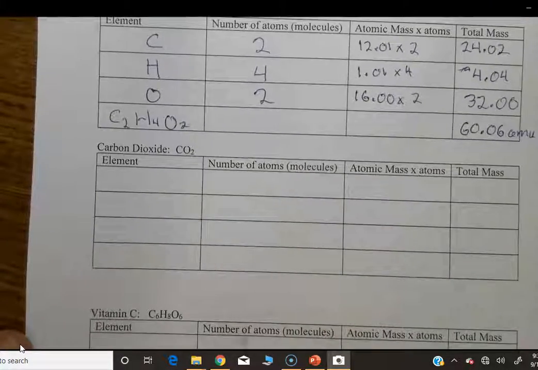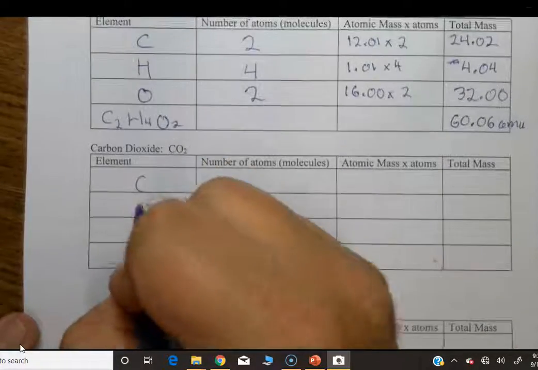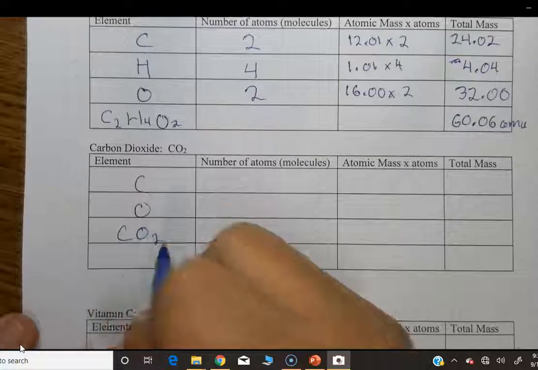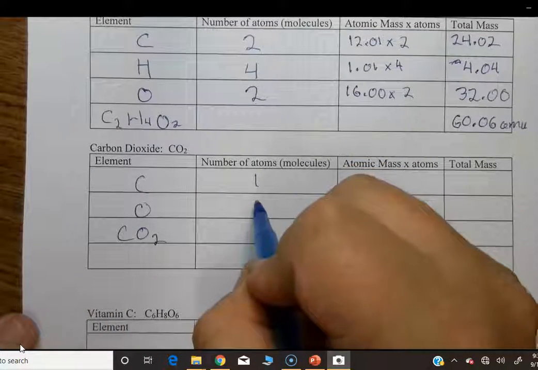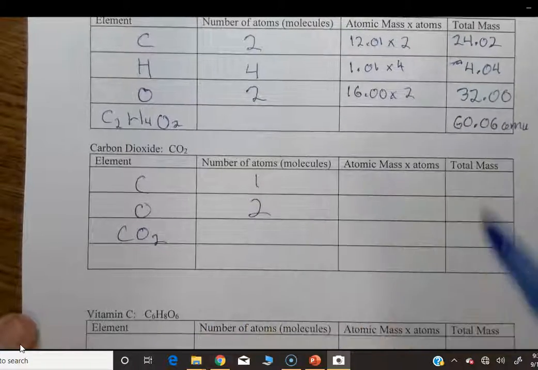Okay, carbon dioxide, a little bit simpler one. C and O in CO2: 1 carbon, 2 oxygens.